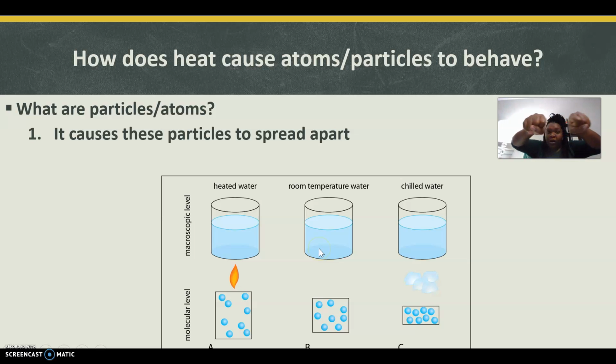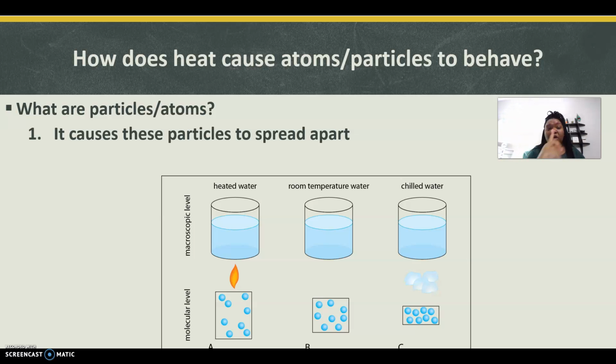It causes those particles to spread apart, just like we see in this picture. And then when we add more heat to that water, get it to boiling, those particles spread even more apart. Even that steam, that gas that liquid water is transformed into, those particles are much more spread apart.